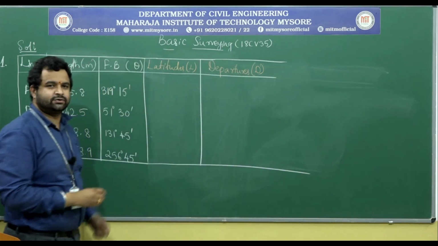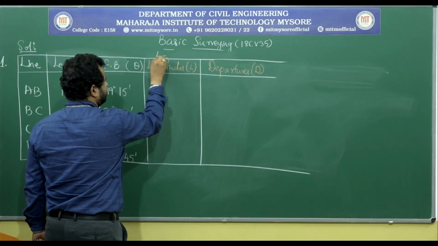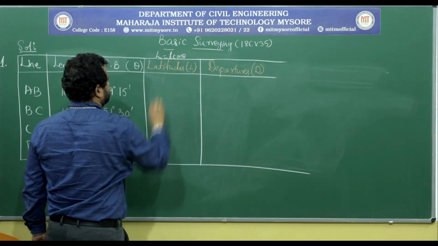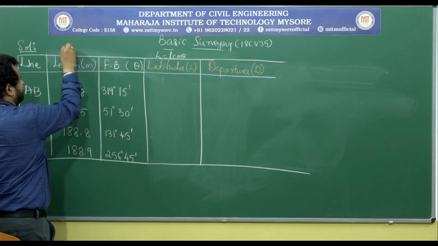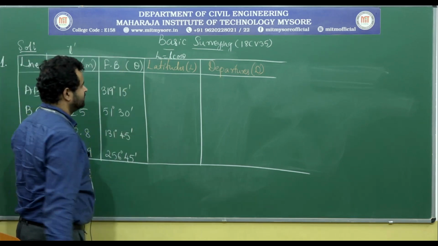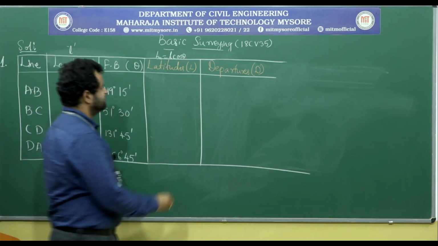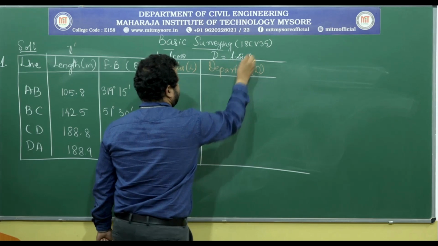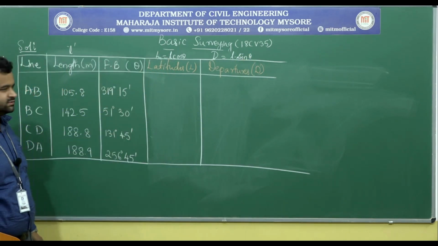How do you calculate latitude? Latitude L is equal to l cos theta, where l is nothing but the length, and theta is the bearing. Whereas departure D is equal to l sin theta. So, you can calculate the latitudes and departures easily.